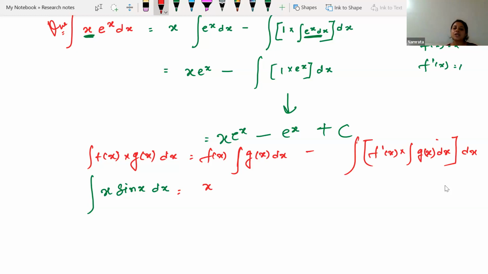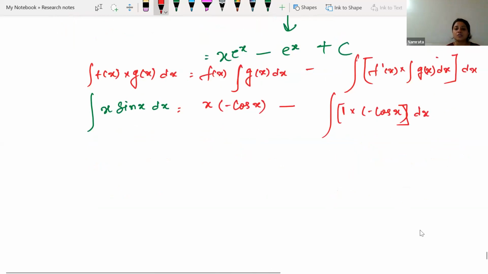What is integration of sin x? Minus cos x. Minus cos x. Let's write it quickly without even writing g x and all. Minus derivative of x will be 1, integration of sin x, now only you said it's minus cos x. The whole thing's integration. So if I focus on the whole thing in this bracket, I can see minus can come out, and it is only cos x dx.